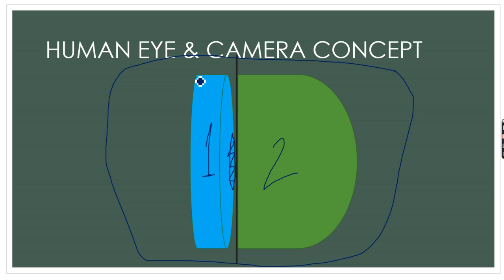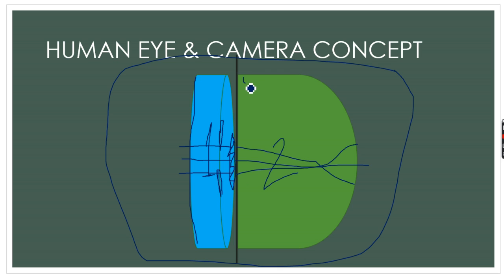Here we have this line, this is the cornea, clear? Then here is the lens. Somewhat here there is the pupil and iris, right? This area is the pupil. So light is coming, traveling through the pupil, then the lens, and again it is being converged and forming an image over the retina.